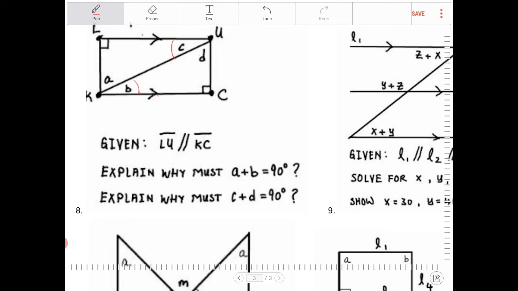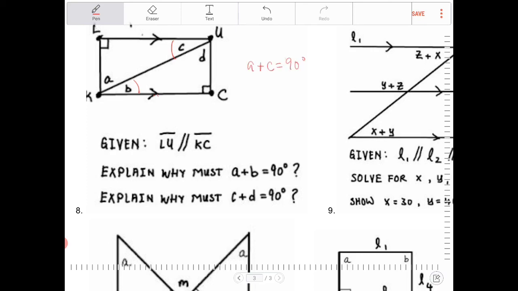And if B and C are the same, it says show that A and B is equal to 90 degrees. If B and C are the same, then that means, okay, A plus C is equal to 90 degrees, right?